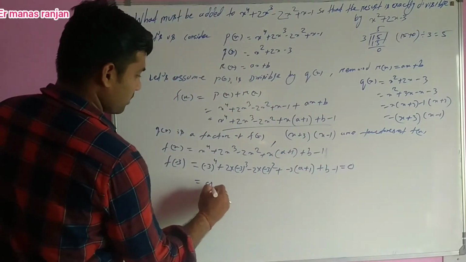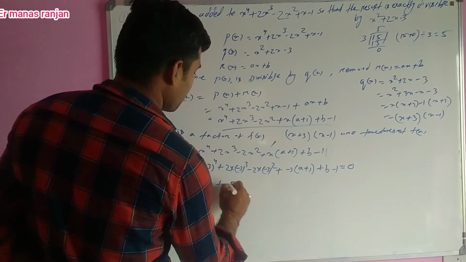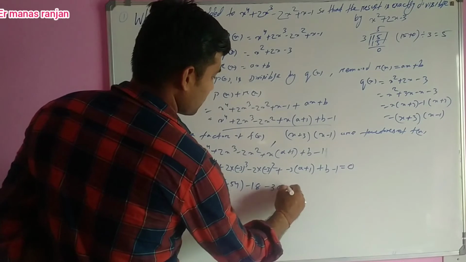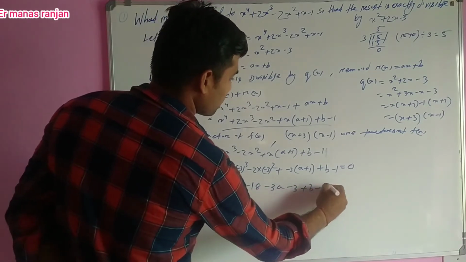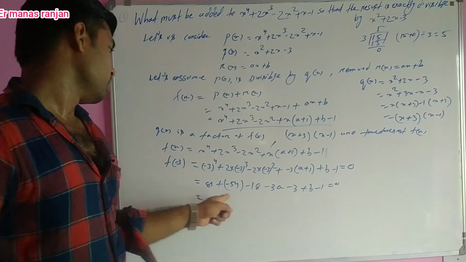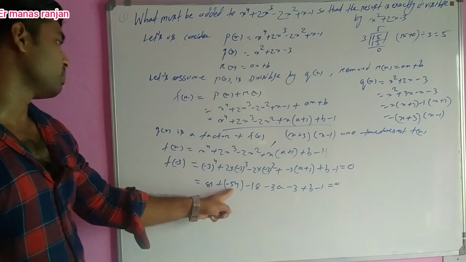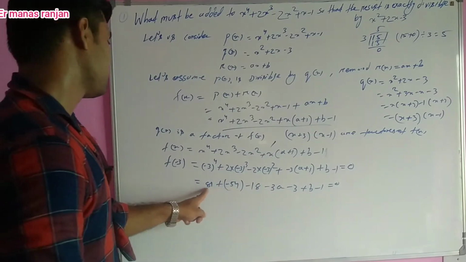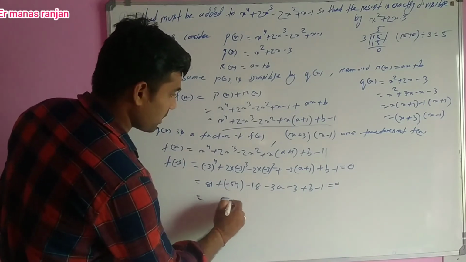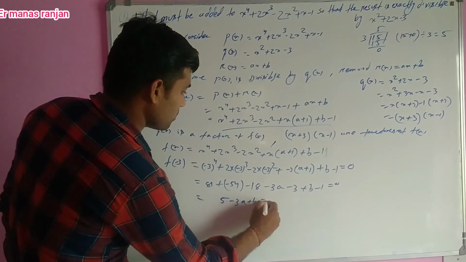It will be 81 − 54 − 18 − 3a − 3 + b − 1 = 0. Understood? So it simplifies to 5 − 3a + b = 0.